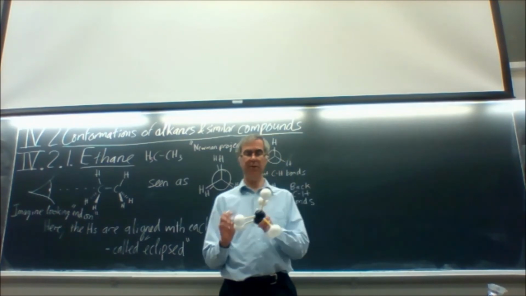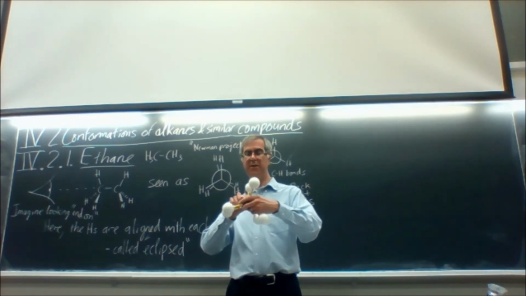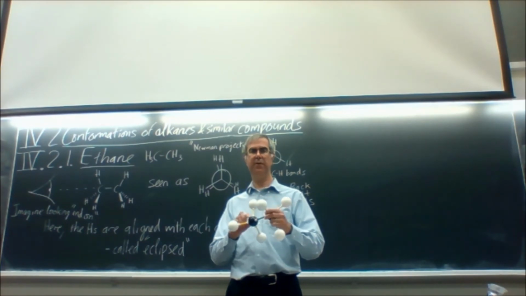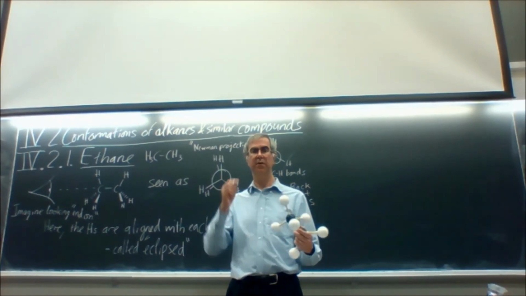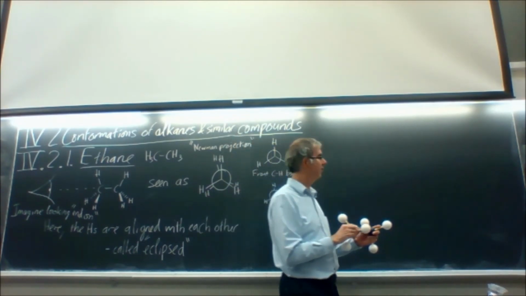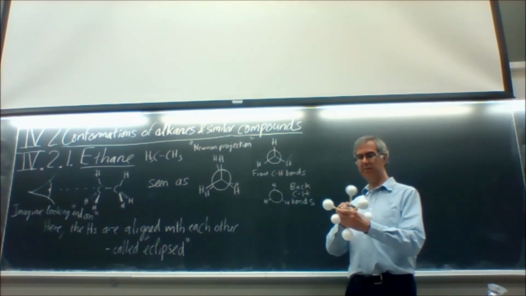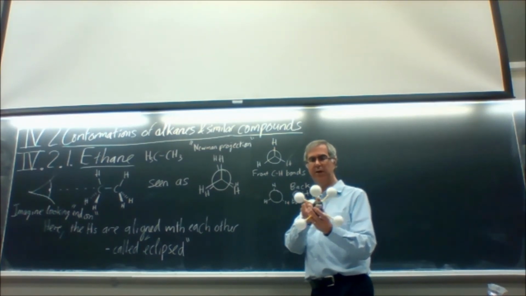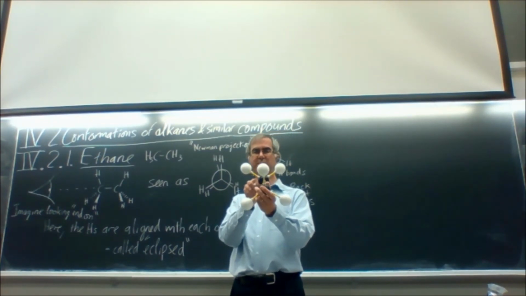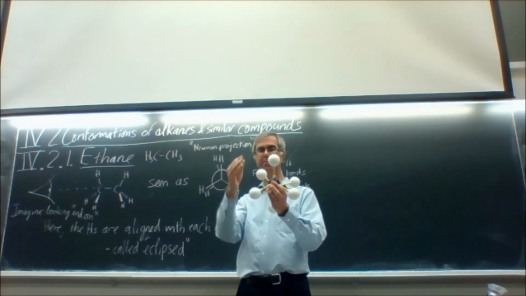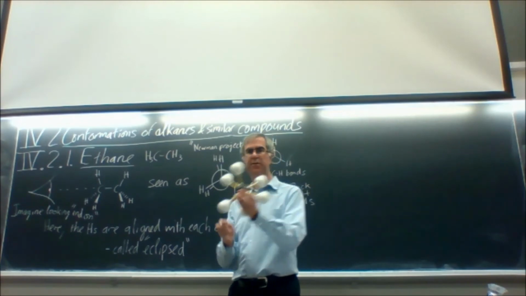Now, if we've got free rotation, we can actually in effect have an infinite number of conformations, I suppose, but we want to focus on ones that have a distinctive structure. So the other and most obvious one is where the H's are what we call staggered, meaning the H's at the back come right between the H's at the front.